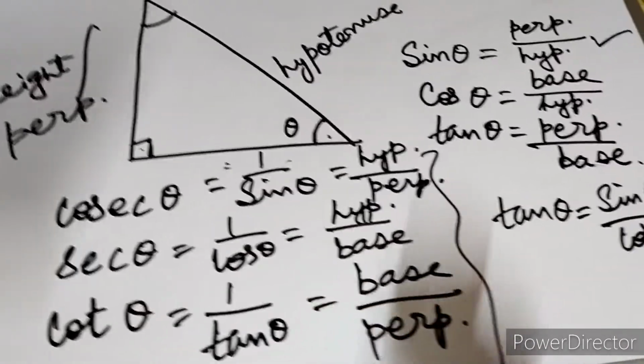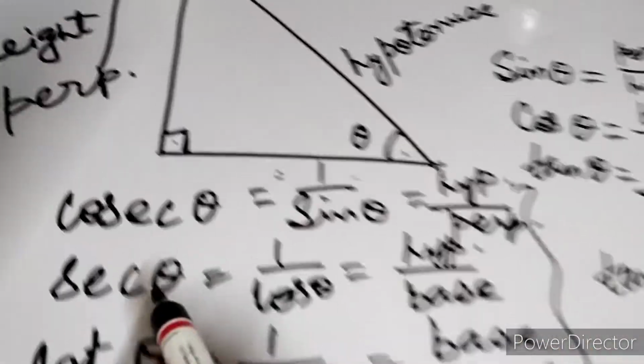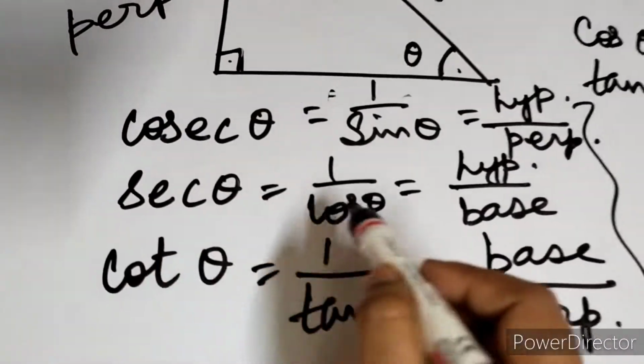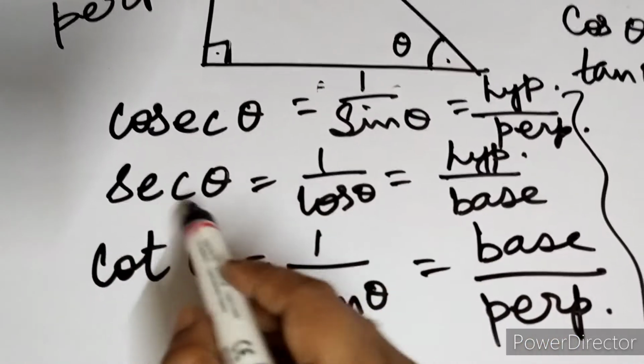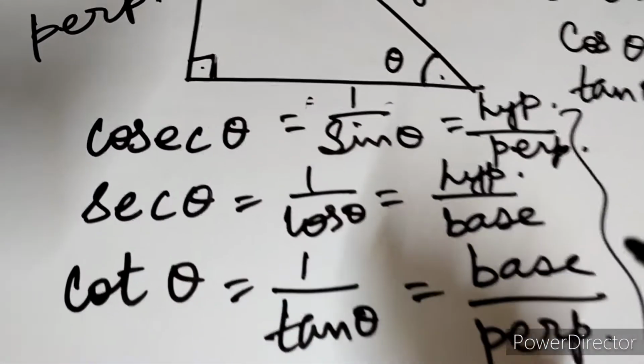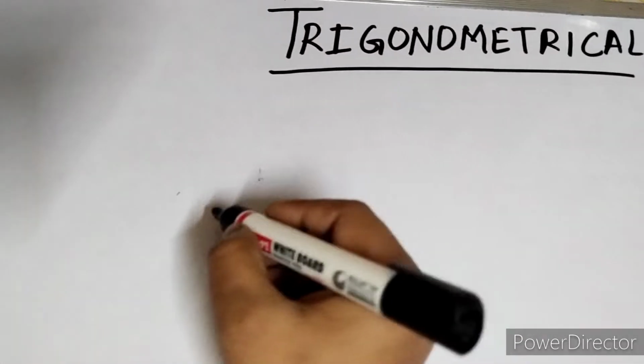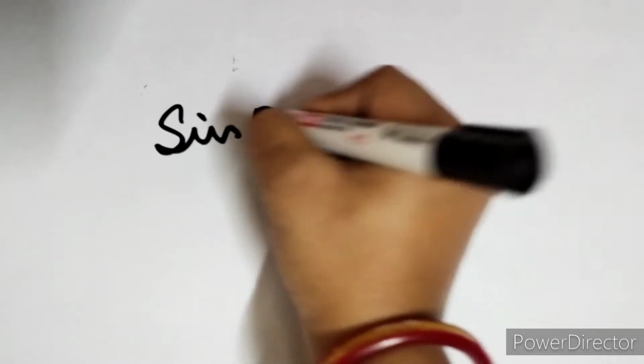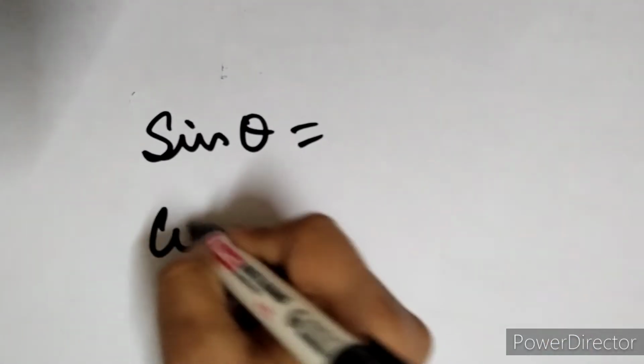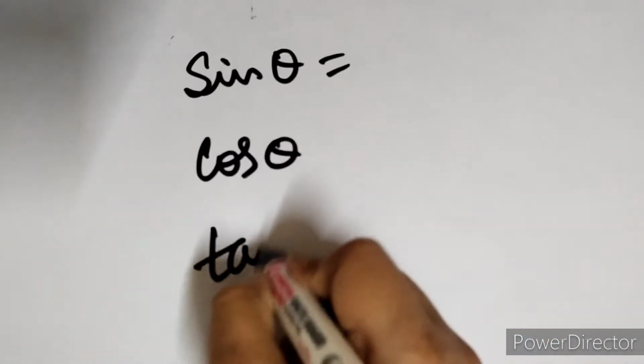I will tell you how to remember whose reciprocal. See, like this, sec theta and cos theta, so it comes as cosec theta. You can very easily remember like this. Students generally ask me how to remember whose reciprocal is which one. Like sin theta, and cos theta, tan theta.